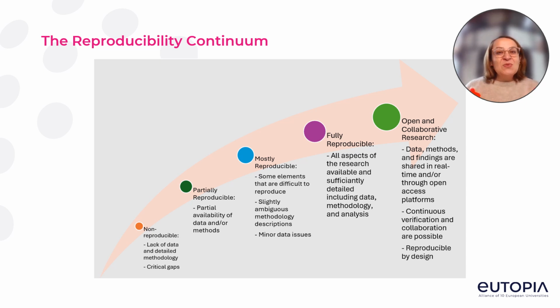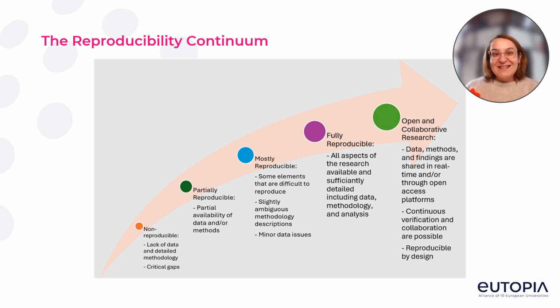This could be due to slightly ambiguous methodology descriptions or minor data issues such as outliers being removed but not described. The fourth stage, fully reproducible, which represents the ideal situation where all aspects of the research, including data, methodology, and analysis, are available and sufficiently detailed so that independent researchers can fully reproduce the study and its results.